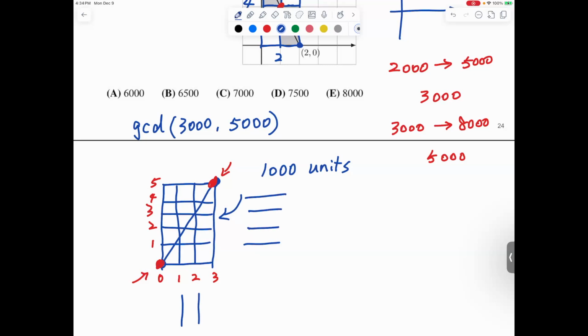Each time the line segment crosses a vertical line or a horizontal line, it will move from one cell to another cell. So how many cells does the line segment intersect with?